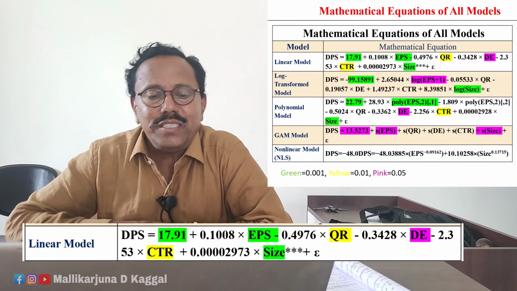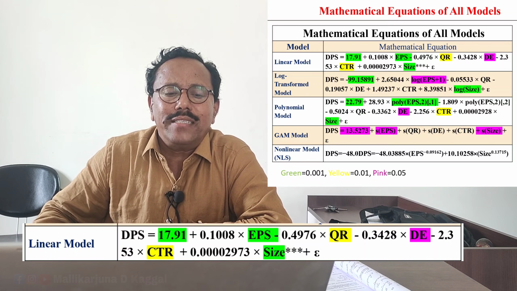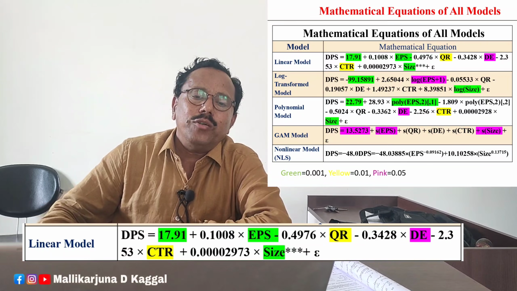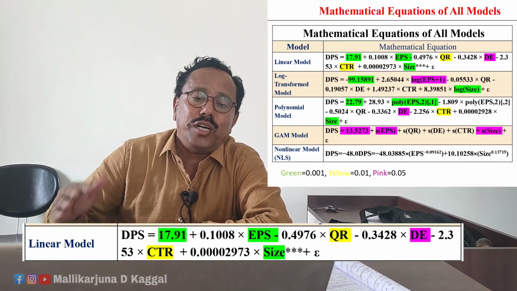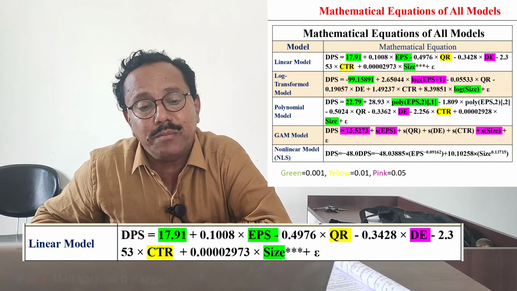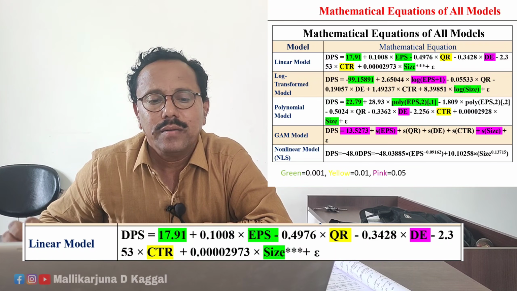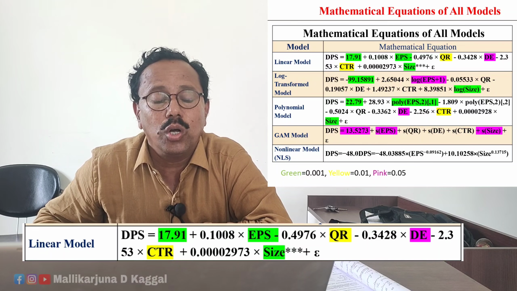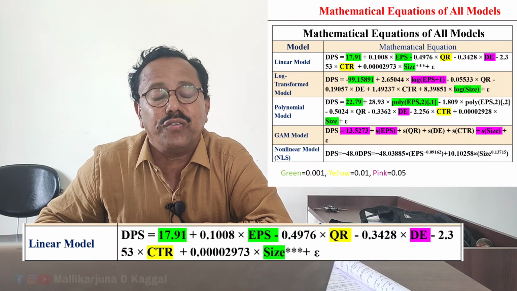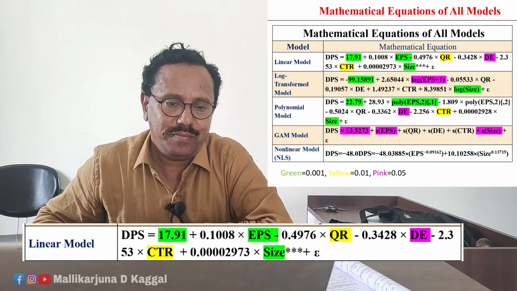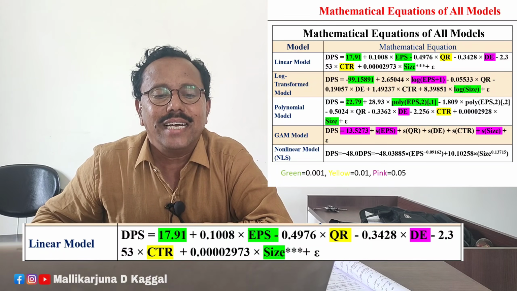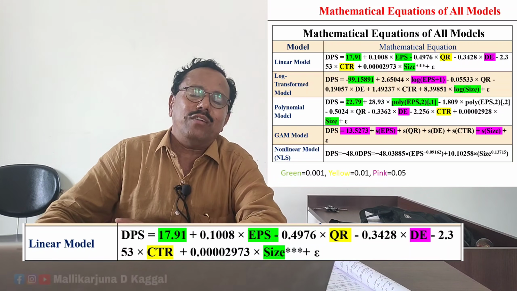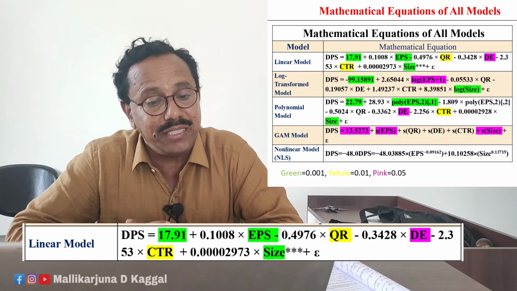Now the first one is 17.91, it is a baseline. It is the contribution to the DPS when the contribution of all the independent variables becomes 0. When the contribution of independent variables is 0, what may be the contribution of your internal source? That is called alpha. That internal source efficiency is 17.91.